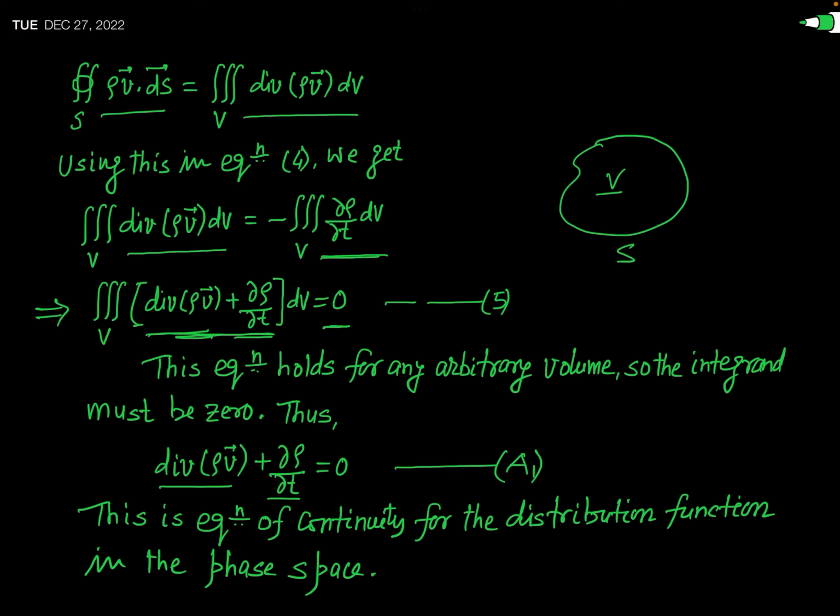See this equation seriously, and you can see this is just a well-known equation. You have studied this form of equation several times during the study of your physics. Actually, this is the well-known equation of continuity. While studying quantum mechanics, you have studied the equation of continuity. When you studied classical electrodynamics, you studied the equation of continuity.